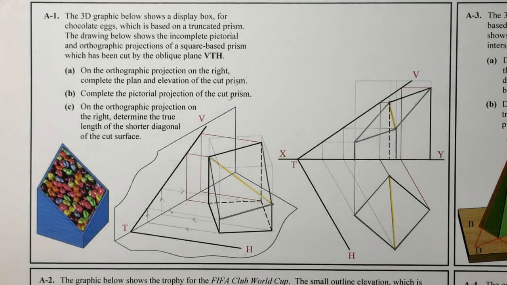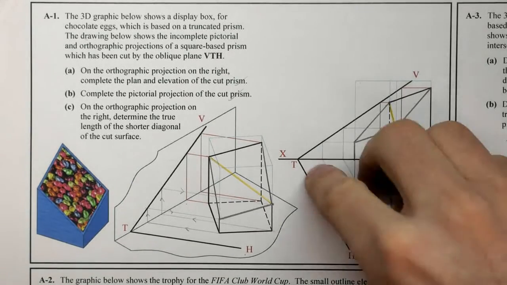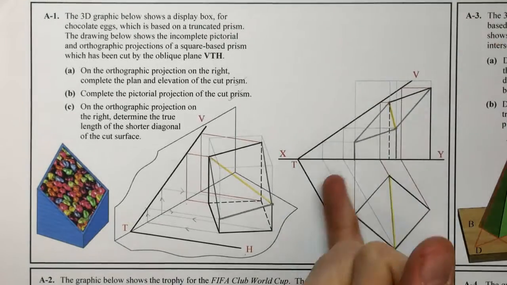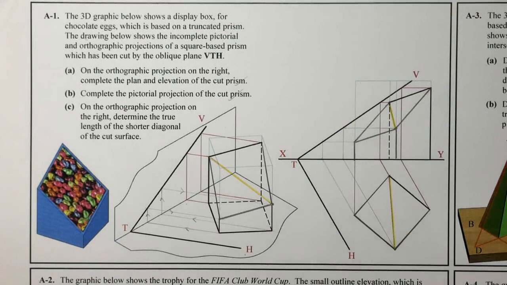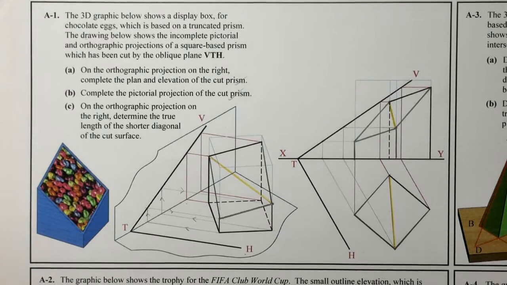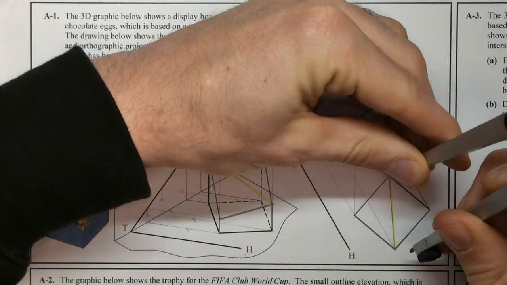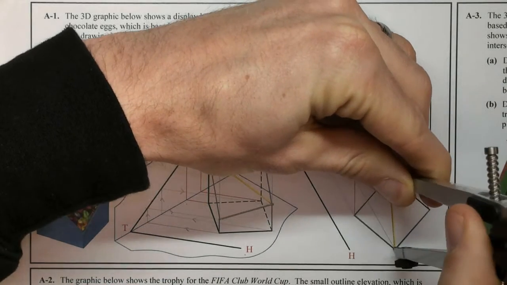I can take my heights from my elevation. So that's one method. Another method is we can rotate that line around so that we're looking perpendicular to it in elevation. Looking at the marking scheme, I can see that they're doing the rotation, so I'll just follow that and match it up. So here's my line.